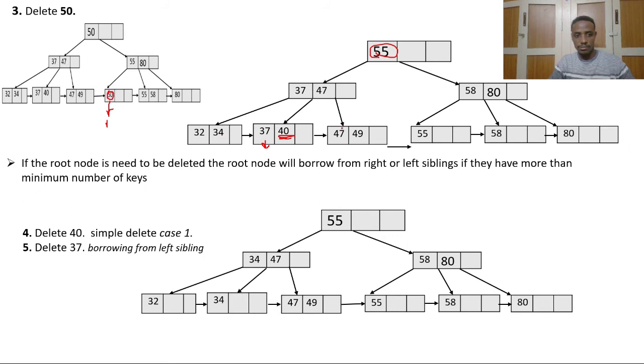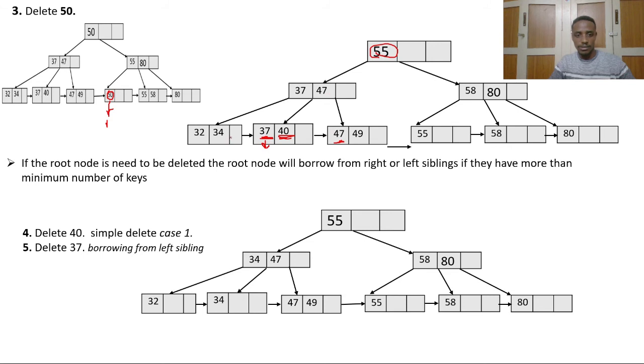Previously we borrowed from the right child, which means deleting the targeted value, merging the borrowed value, and also deleting the root node, which will be replaced by the minimum of the right child.